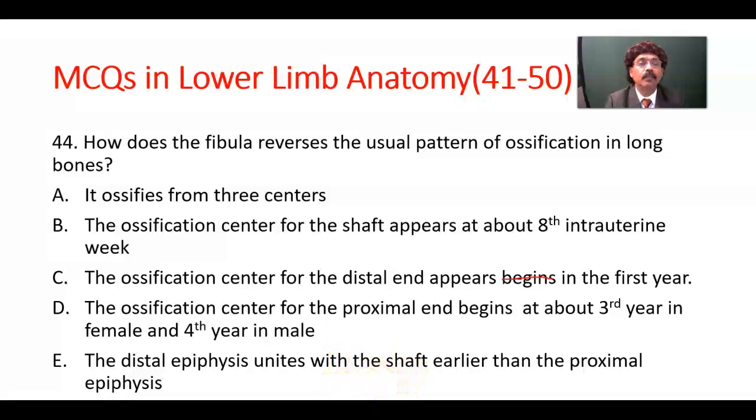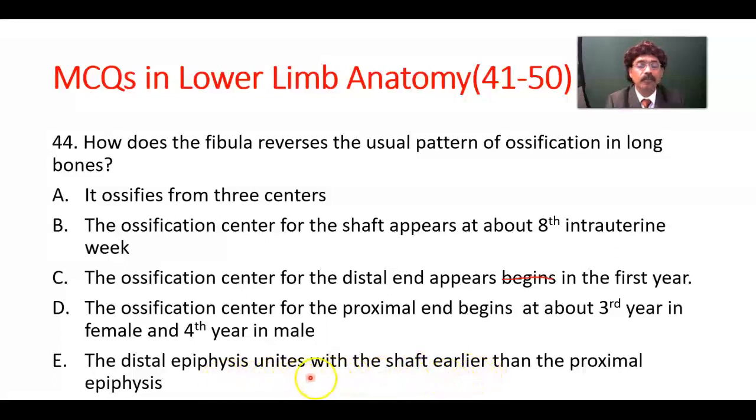So what is the reverse of the usual pattern of ossification in long bones? Answer should be this: the distal epiphysis unites with the shaft earlier than the proximal epiphysis. Okay, in other bones, it should unite later than the proximal epiphysis.